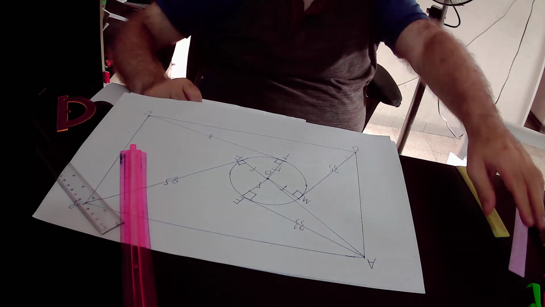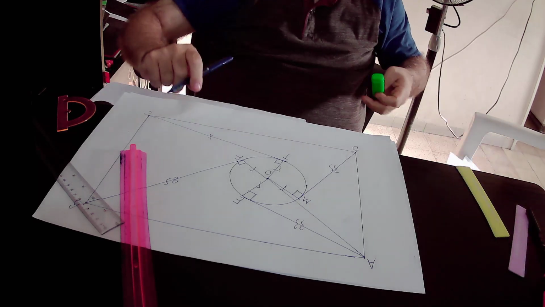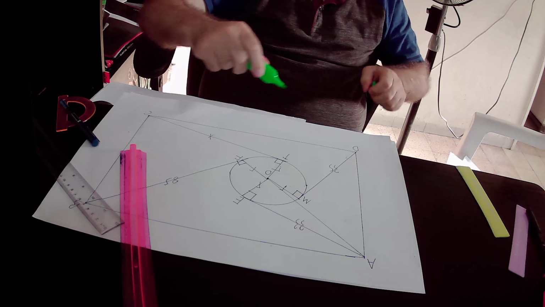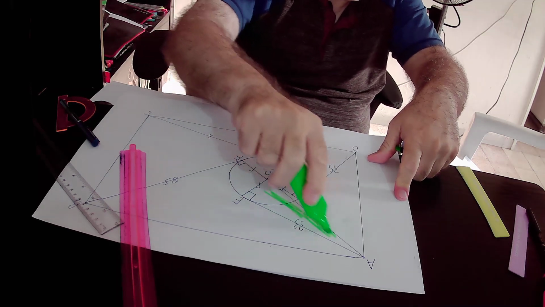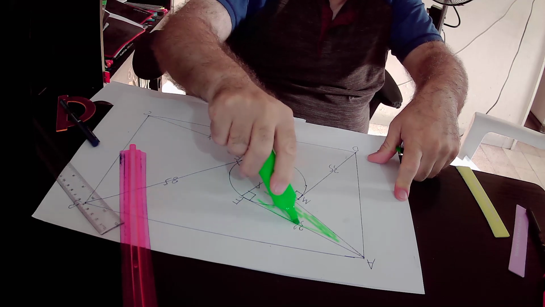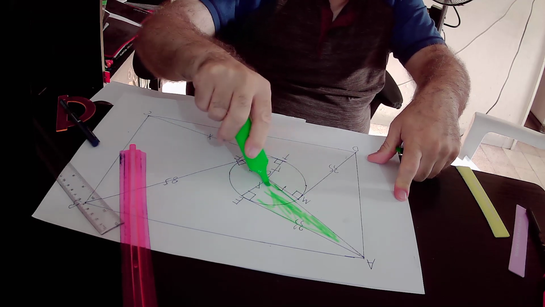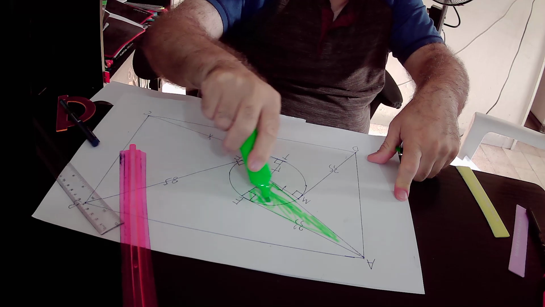By joining points A and O, naturally created here, the right green triangle, triangle AOE. We will implement the Pythagoras theorem on the right green triangle, triangle AOE.